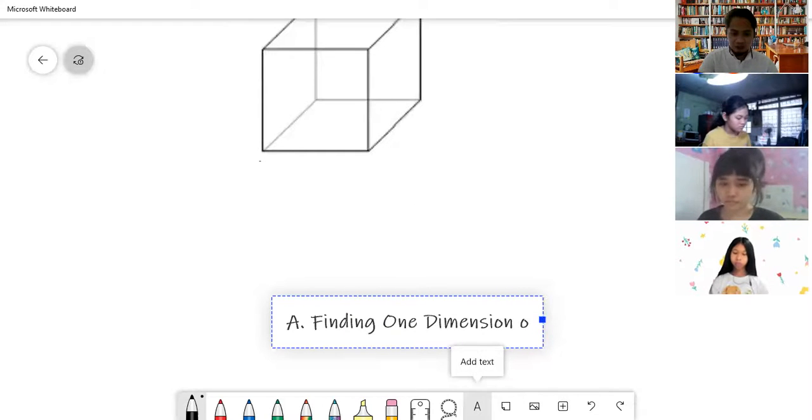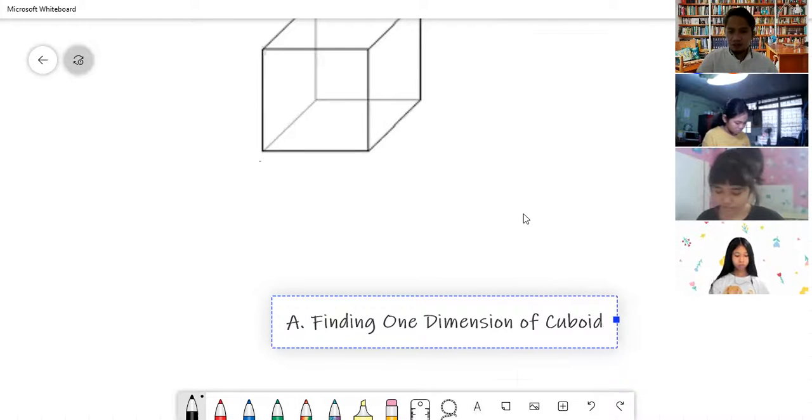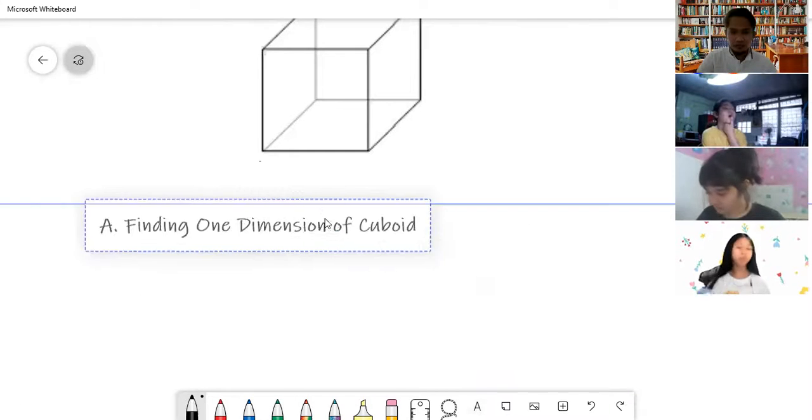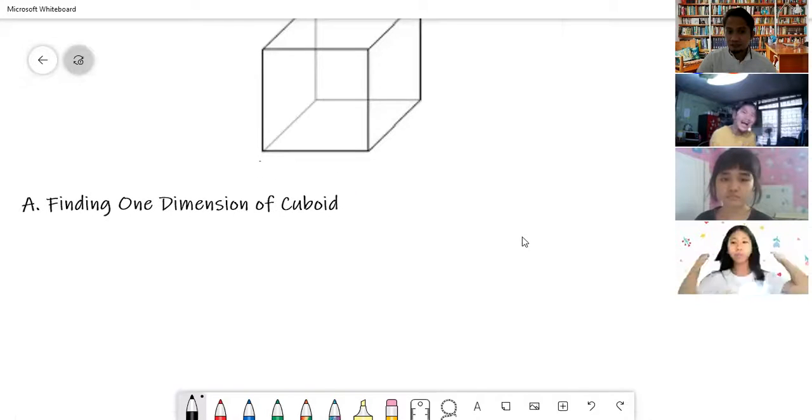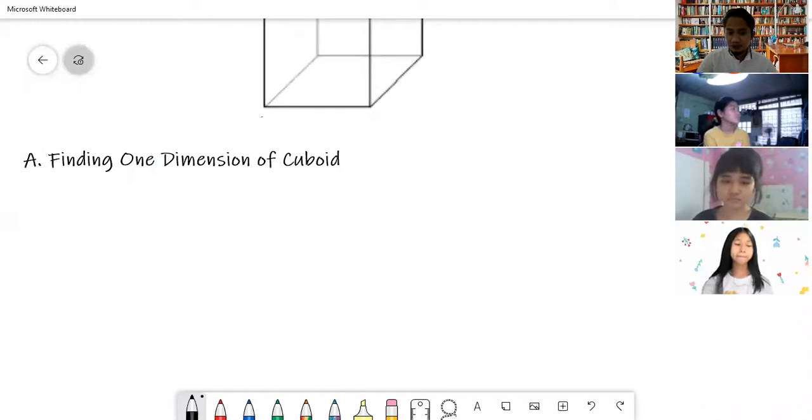Because before that is the basic of cuboid volume. Very easy, no? Just find the length, width, and height dimension. Okay.